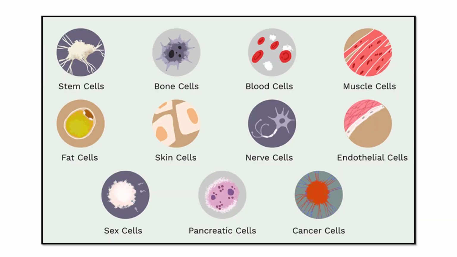This figure here is just a reference to all the different cell types, or at least many of them in the body. For example, stem cells, bone cells, blood cells, even cancer cells, as I just mentioned, all those cells in your body have the same DNA, but they're all undergoing a different process of transcription.